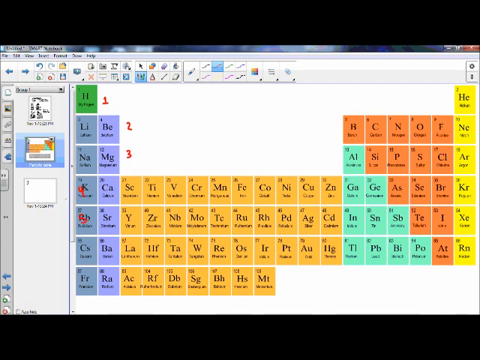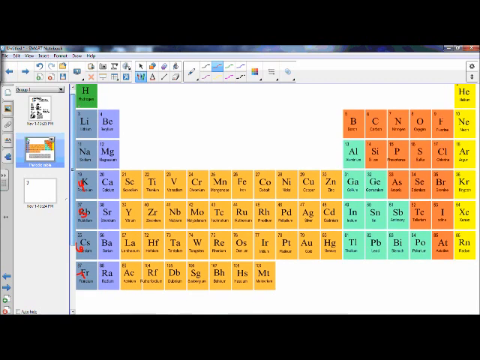I'm basically numbering the rows, because each of these rows corresponds to one of the 7 energy levels.